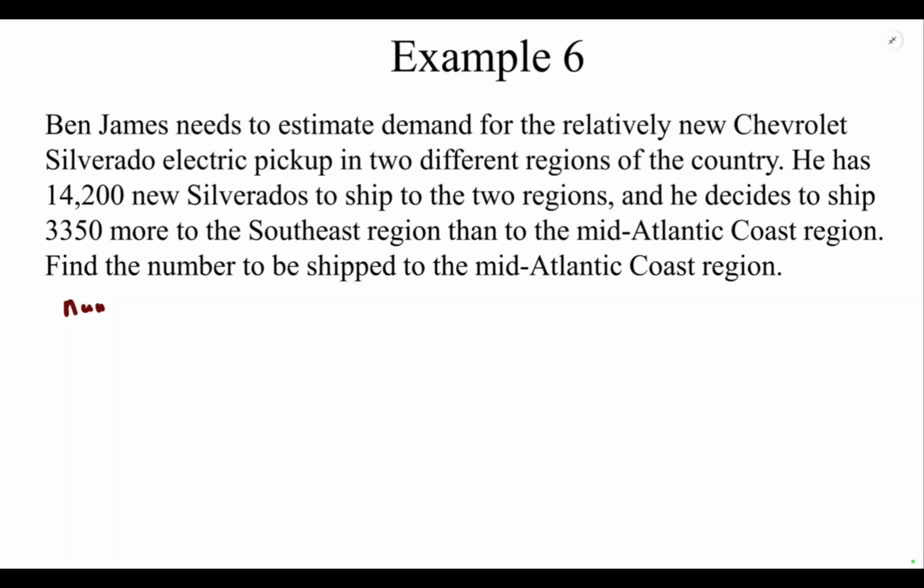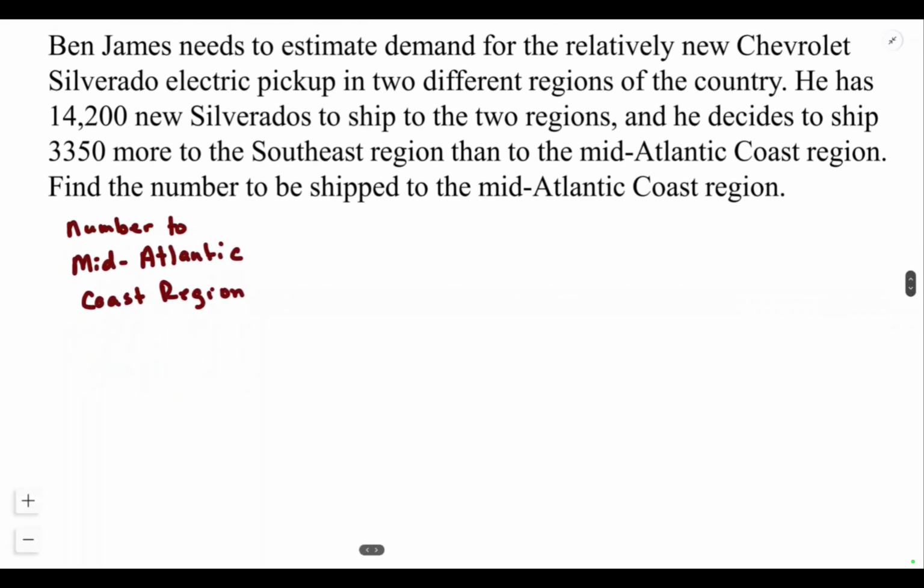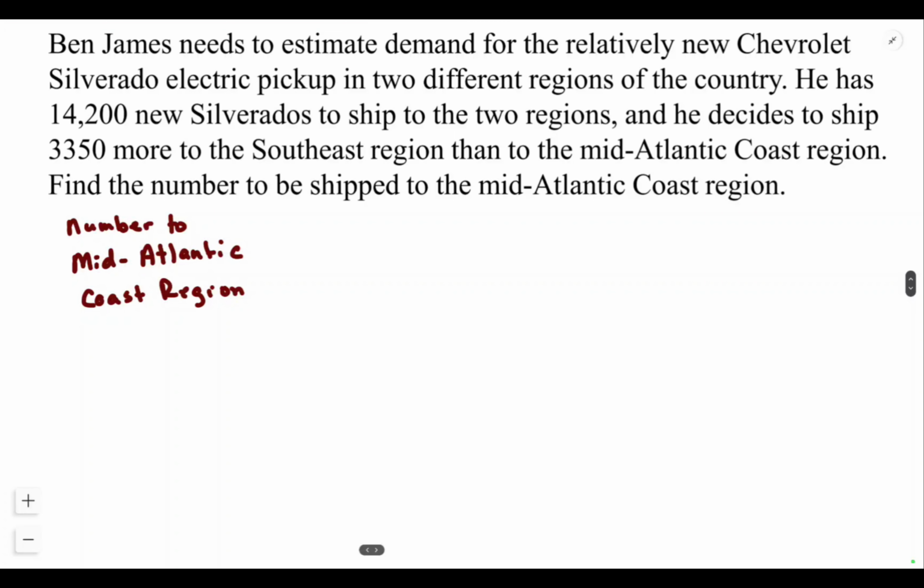So number 2, I'm gonna just say Mid-Atlantic coast region. And I'll move this up. So our unknown in this case, let's say it was M. Does not matter, all right?